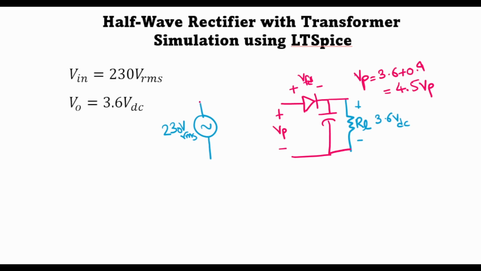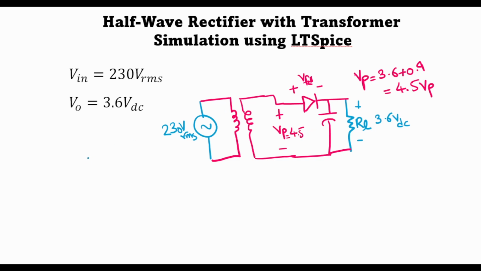Now in between the input mains and the half-wave rectifier, I need a transformer block which converts the input AC voltage to a peak voltage of 4.5 volts. So this is 4.5.